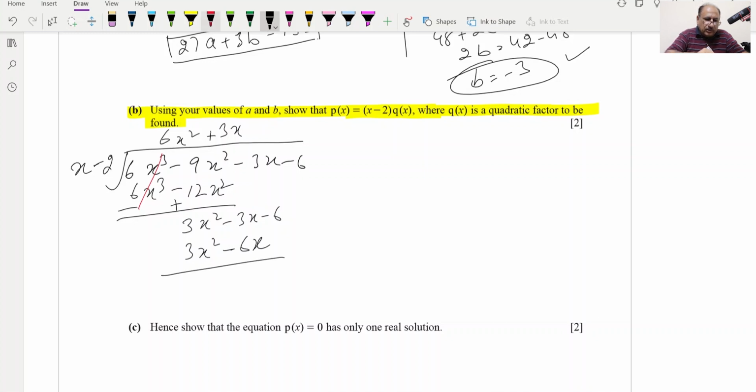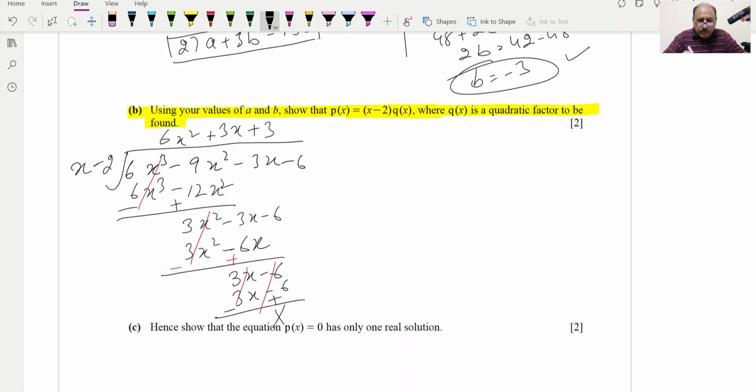Further we can change sign, this will be cancelled, and we can write 3x minus 6, and now we can multiply it by plus 3, so it will be 3x minus 6, change sign and cancelled, so both are cancelled and there's no remainder.